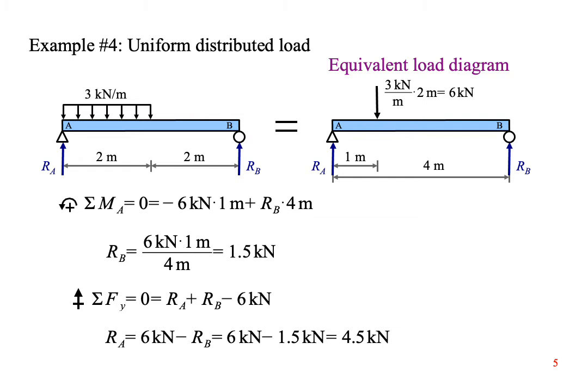So the centroid of that rectangle is 1 meter from the left end of the beam. The equivalent load is 3 kilonewtons per meter times the 2 meters it acts on, equaling 6 kilonewtons. Now you can solve for the reactions the same way as in the previous problems.